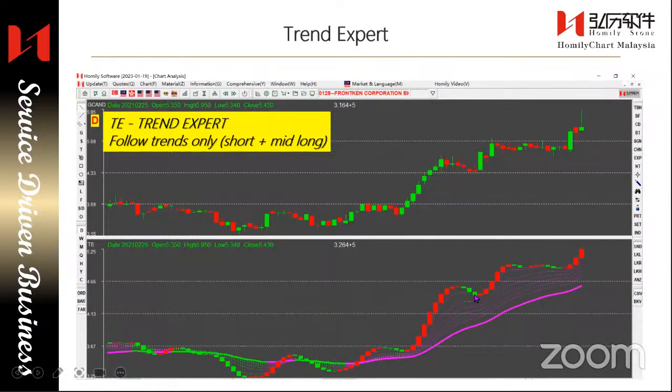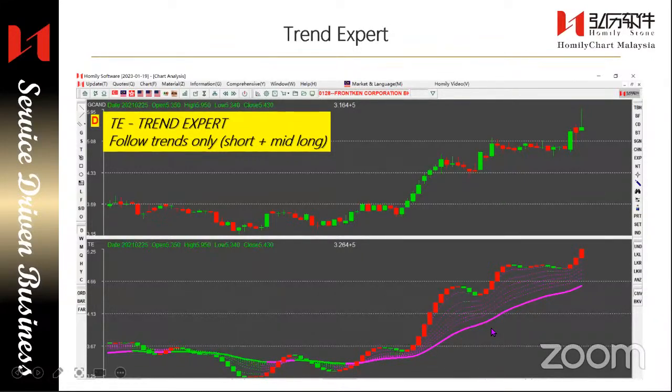If the current trend is down, it gives you green color. Not only short-term, it also gives you mid-long-term. This is the main line, the purple and the green. If mid-long term is in uptrend it will give you purple color, if in downtrend it will give you green color. So these indicators are designed to follow trends only.